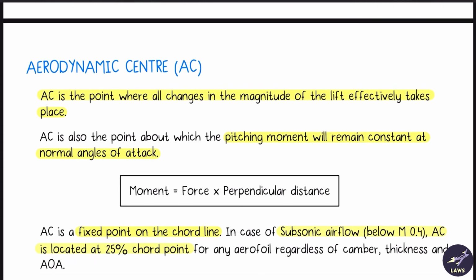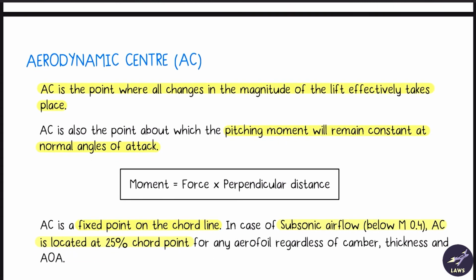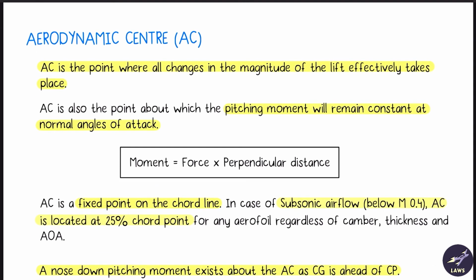As we know, moment is the product of force and perpendicular distance. The aerodynamic center is a fixed point on the chord line. In case of subsonic airflow, that is below the sonic speeds, AC is located at the 25% chord point. So this is important. We have to remember this.